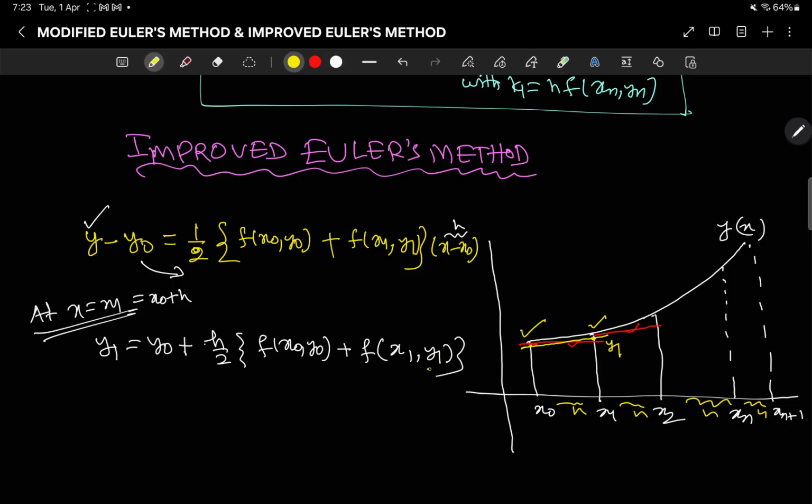Now in view of this Euler's method, what is y1? y1 is equal to y0 plus h f(x0, y0).